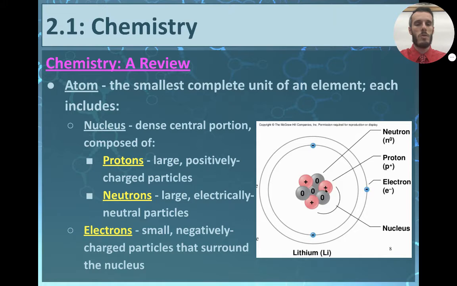The protons and neutrons are in a central, dense area called the nucleus. The protons have a positive charge, whereas the neutrons have no charge. Each of the electron particles has a negative charge equivalent to the positive charge of a proton.